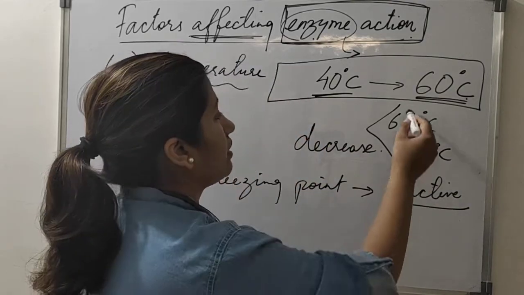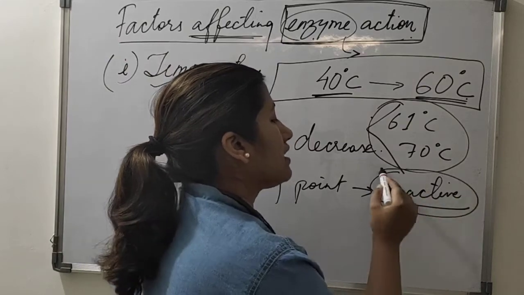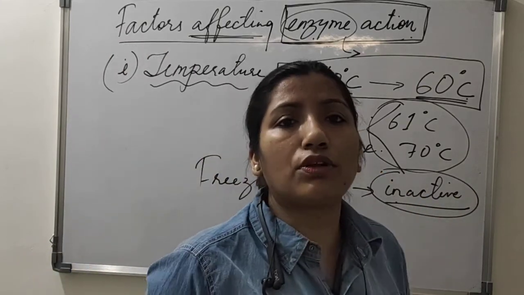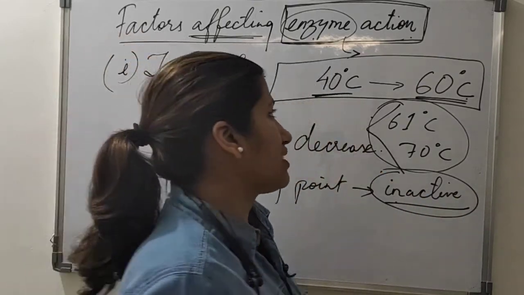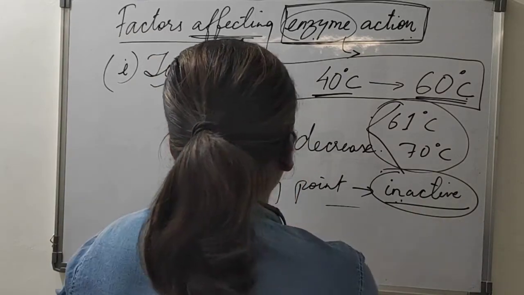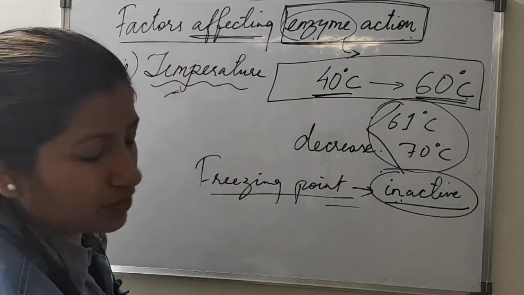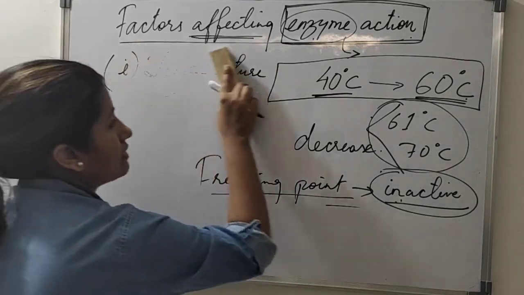That we have seen when the temperature increases. But at freezing point the enzyme becomes inactive. It does not break down, but it will not function. The enzyme activity will stop. So this was the effect of temperature, how it affects the enzyme's activity.